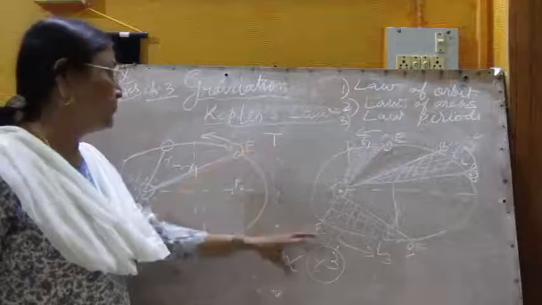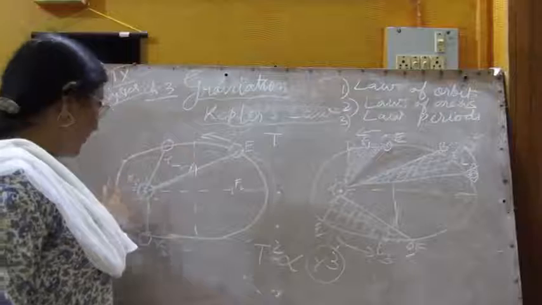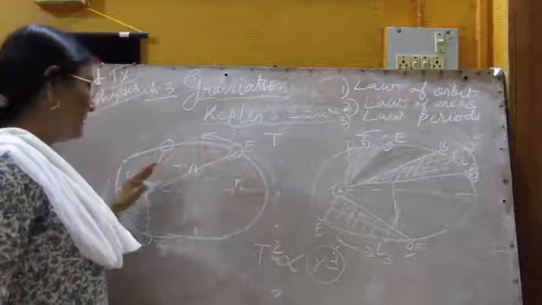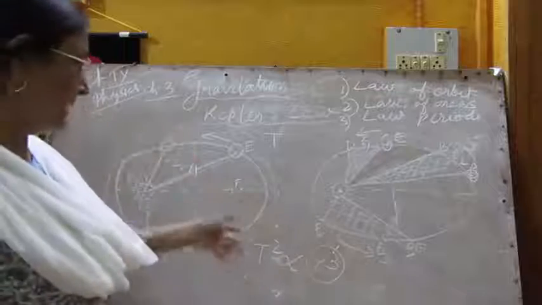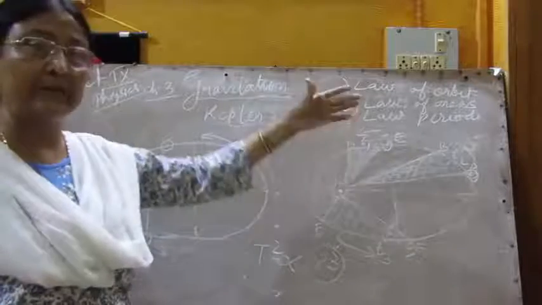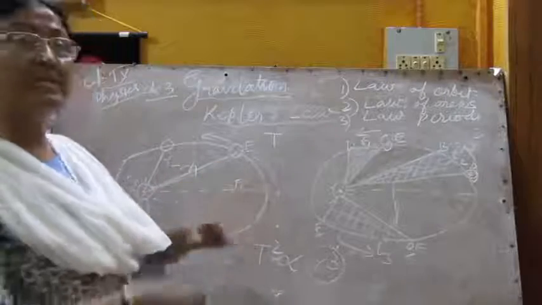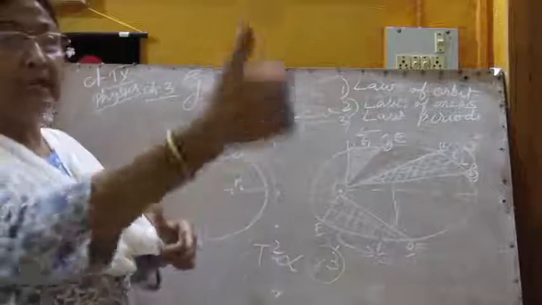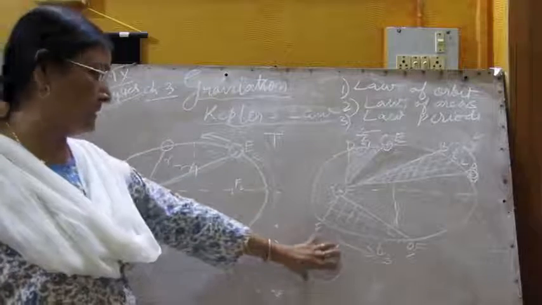It is better to say the mean distance. Throughout its path, several distances are taken and their mean computed, as I have already told: (R1 plus R2 plus R3) by 3, but if n distances are taken, R1, R2 up to Rn, divided by n, that gives the mean distance R.